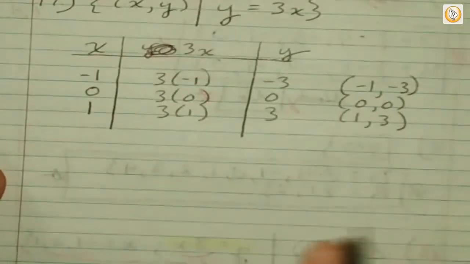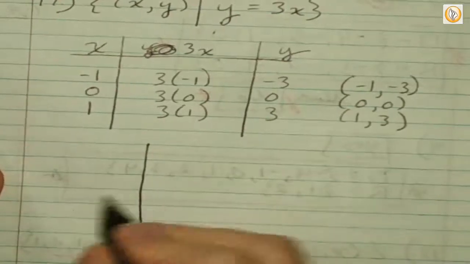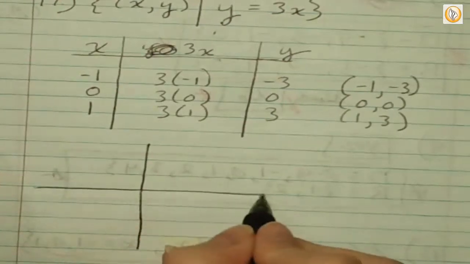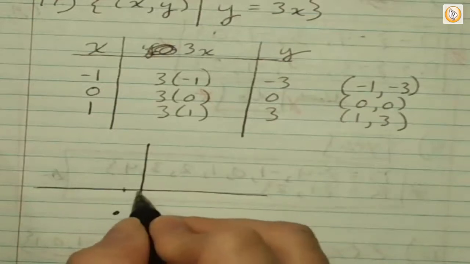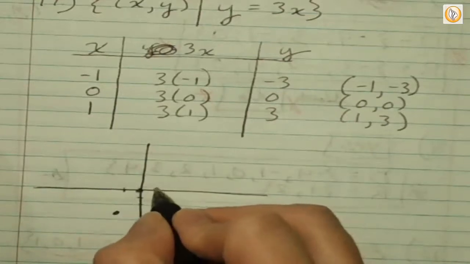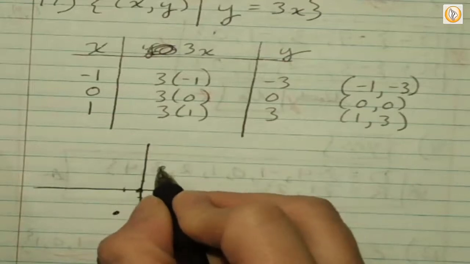Now, when you're graphing it though, -1, 1, 2, 3, 0, 1, 2, 3.